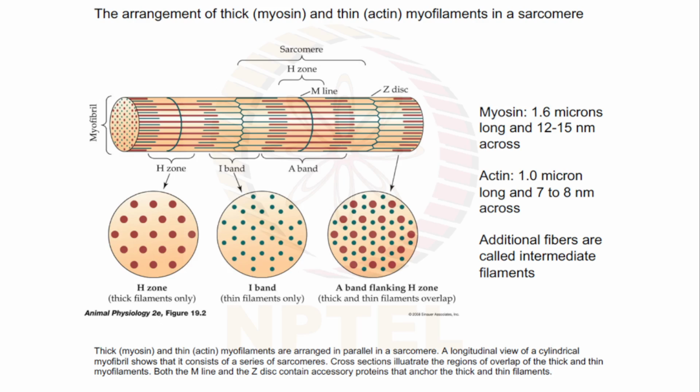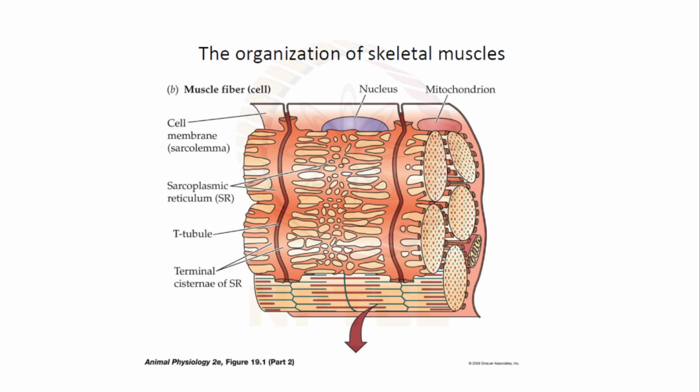If you have attended the lecture, you must know that these contract by the sliding filament theory, a sliding movement between these fibers. So this geometrical arrangement is very important for that sliding to occur properly and the muscles to contract accordingly. So this is the structure of a myofibril.